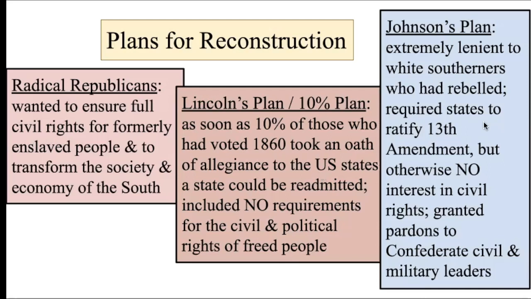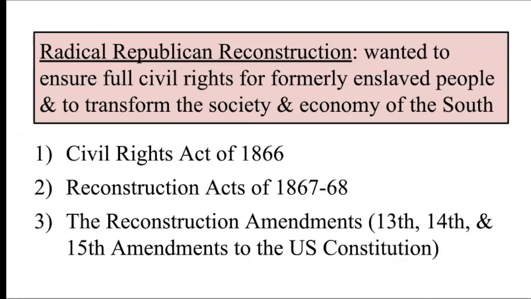Lincoln and Johnson saw the reconstitution of the U.S. by readmission of formerly rebel states to be the top priority. Radical Republican Reconstruction wanted to ensure full civil rights for formerly enslaved people and to transform the society and economy of the South.